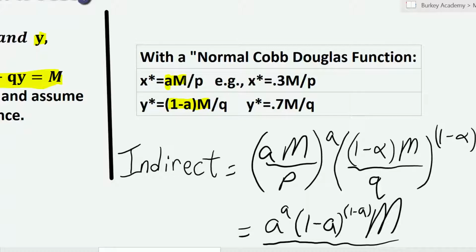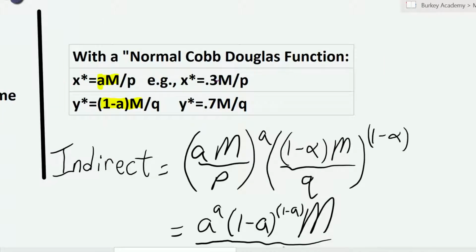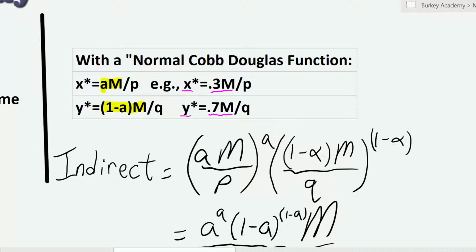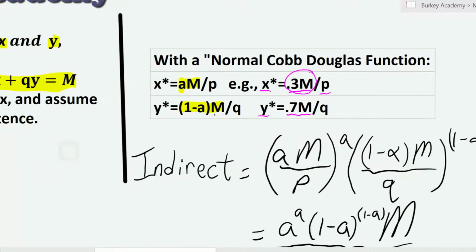And the way to interpret this is very important when you're doing these problems. It's very important to understand what this A means. Say A is 0.3. What you're doing is allocating 30% of your budget to buying X, and the other 70% of your budget to buying Y. The amount of X and Y you actually buy just depends on this: if I take 30% of my budget and divide it by the price P, that's how many X's I'm going to buy.